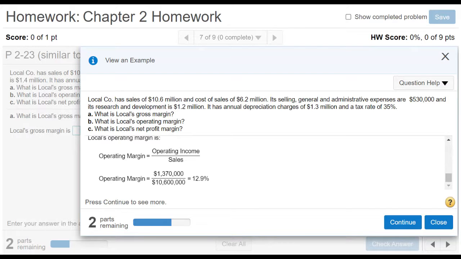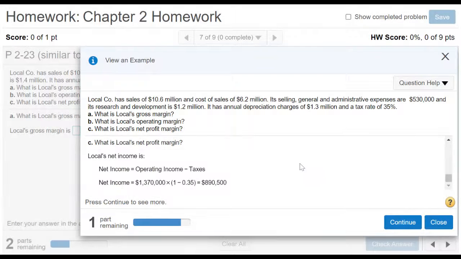Now, the next part, we're going to say 1,370,000, right? Multiplied by 1 minus 0.35. So 1,370,000 times 0.65, right?